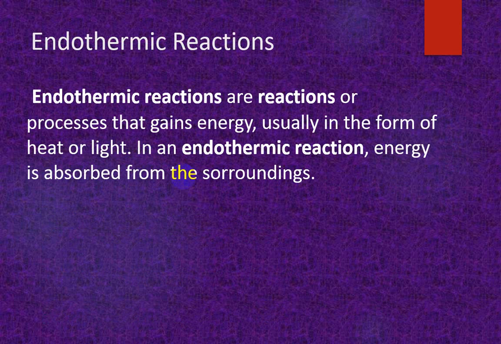Now endothermic reaction. An endothermic reaction is a reaction that gains energy from the surrounding, usually in the form of heat and light. In an endothermic reaction, energy is absorbed from the surrounding, so the surrounding becomes cool. We feel the surrounding temperature falls.